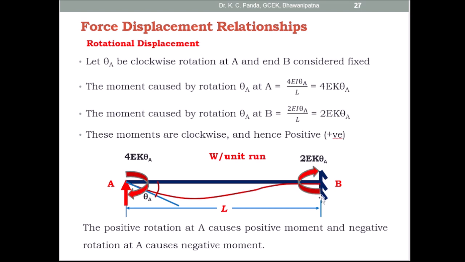and end B be considered fixed, and due to this rotational displacement theta A, the moment caused by rotation theta A at A is 4EI theta A by L, that is 4E K theta A. K is the relative stiffness of the member, so K is equal to I by L. Similarly, the moment caused by rotation theta A at B is 2EI theta A by L, so this is equal to 2E K theta A. So this is the moment caused by rotation theta A at A and B. This is at A and this is at B. So these moments are taken as positive due to the clockwise nature.